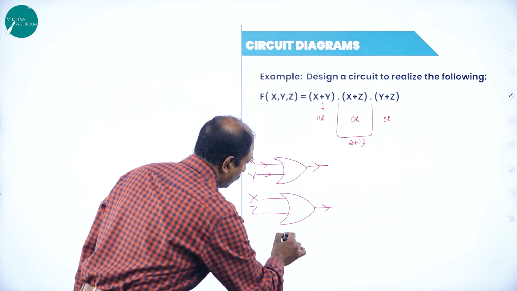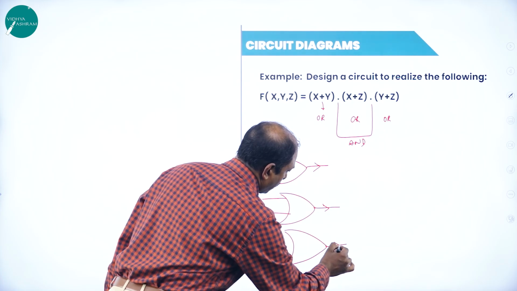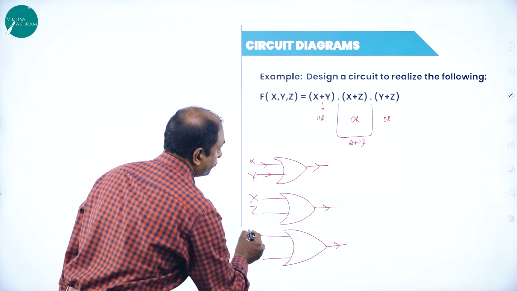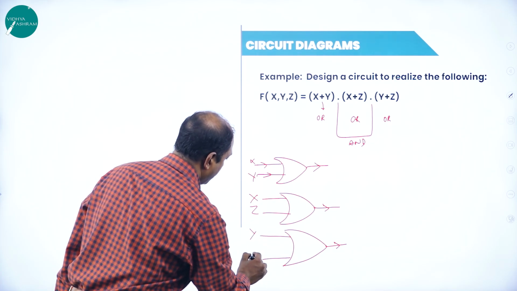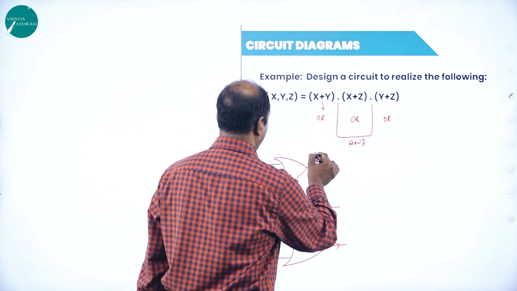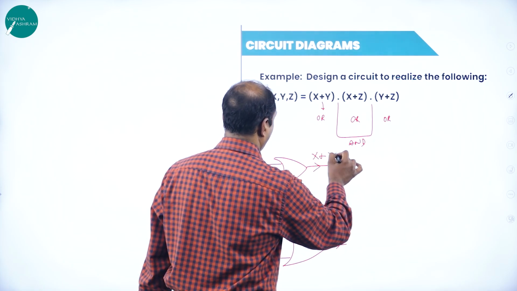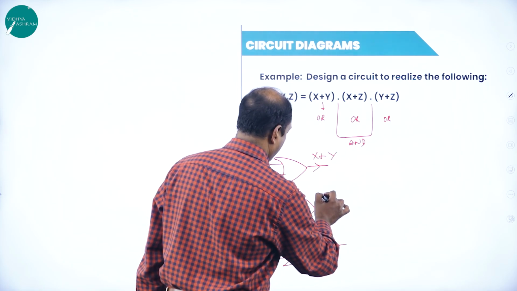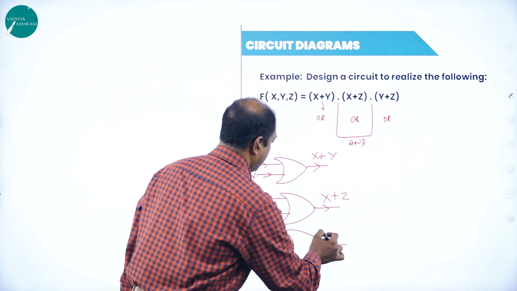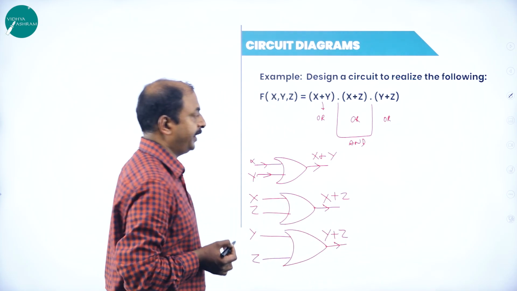It is one more OR gate with inputs y and z. So the outputs of these gates will be x plus y, x plus z, and y plus z.